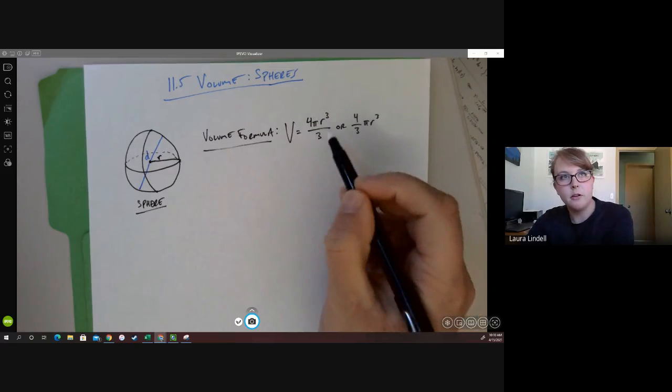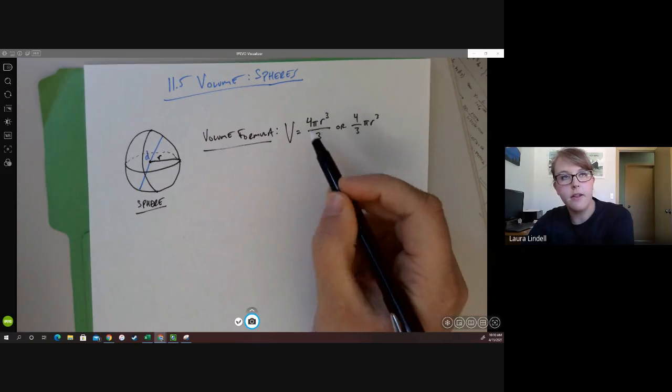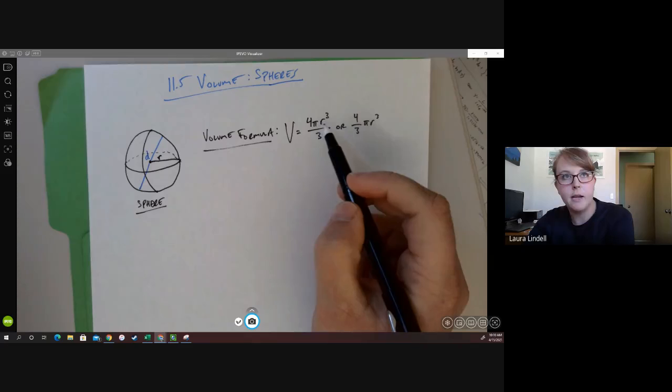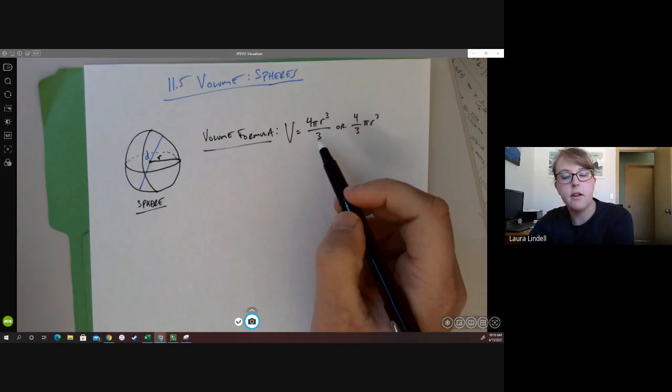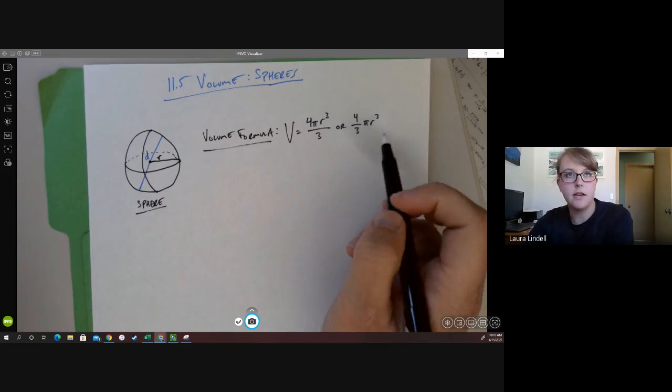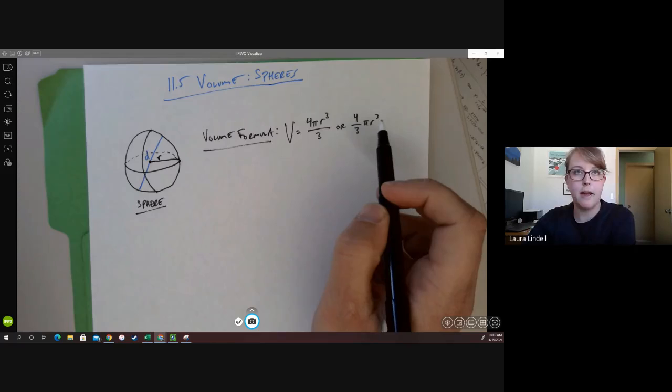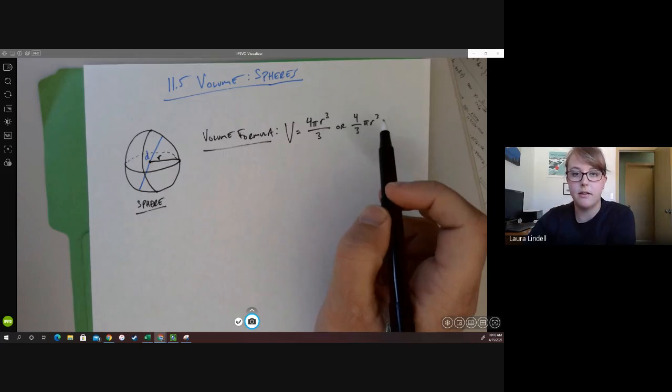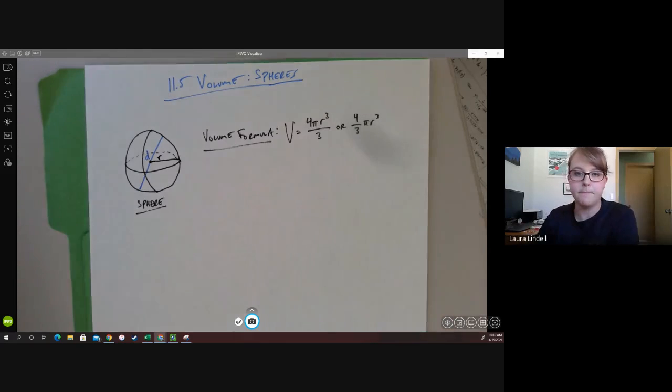This version is a little bit easier to toss into the calculator sometimes, 4 pi times the radius cubed over 3. But this way also works, and depending on the calculator you're using, might be just as easy to toss into the calculator. Anyways, that's our volume formula. So all we really have to do is plug in the radius. It's a very plug and chug type of problem.